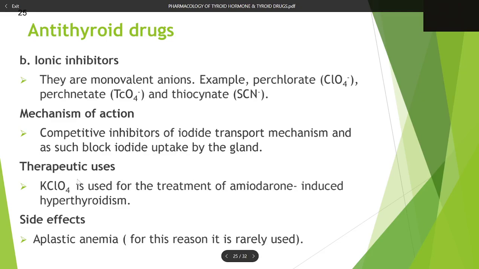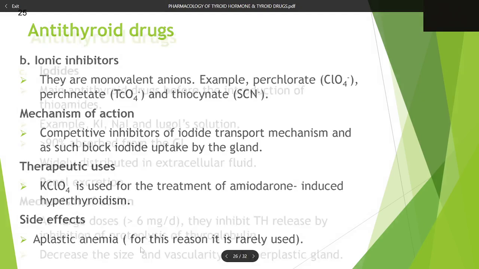As a therapeutic use, sodium perchlorate or potassium perchlorate is used for the treatment of amiodarone-induced hyperthyroidism. The side effects include aplastic anemia. For this reason, it's rarely used.